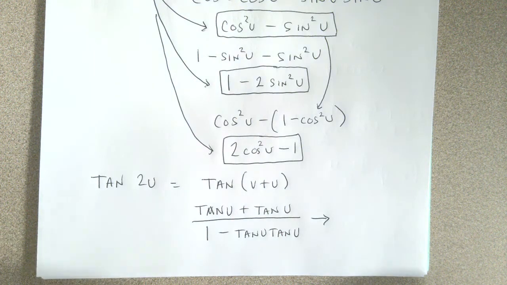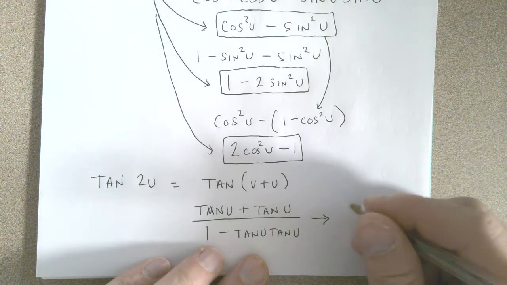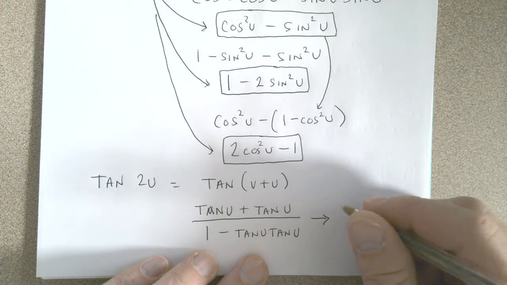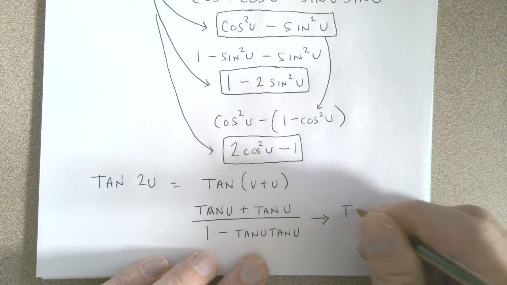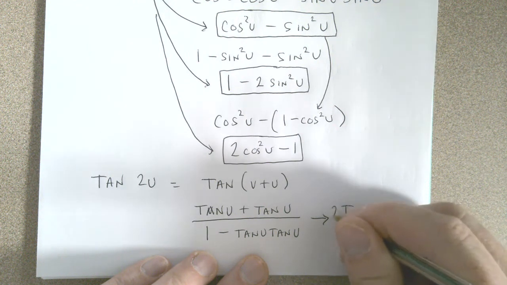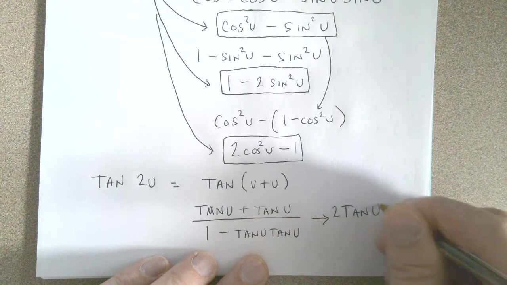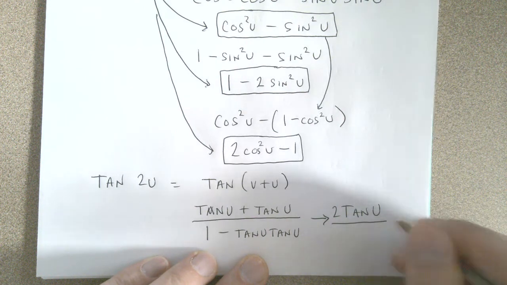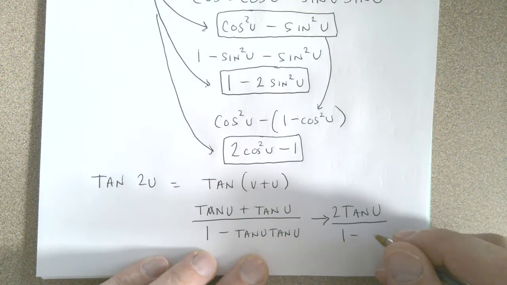So if you put that all together, the formula for our double angle for tangent is 2 tangent u over 1 minus tangent squared u.